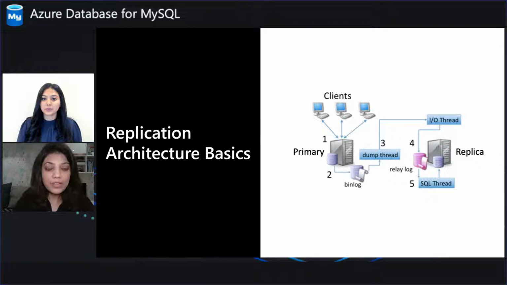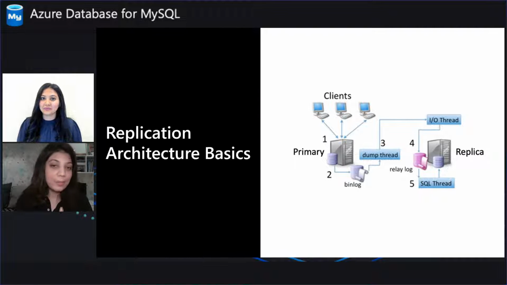Now, this replication architecture is augmented a little more by Azure Database for MySQL Flexible Server in a way that it leverages the power of the underlying storage. We call it storage-based replication in MySQL terms, and it offers many advantages.